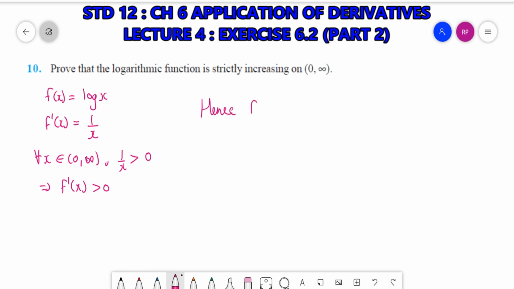Hence, the logarithmic function is strictly increasing on 0 to infinity. Okay, so this was about question number 10. Just note it down.